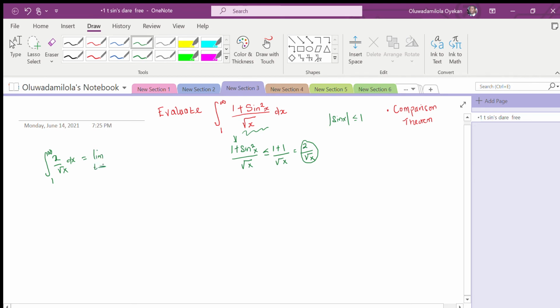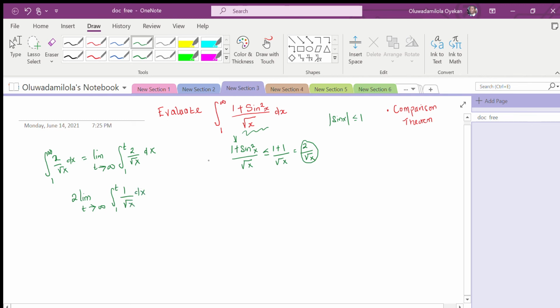So this is going to be the limit from 1 to t of 2 over root x dx. You can take the 2 out, and I'll just have this dx.